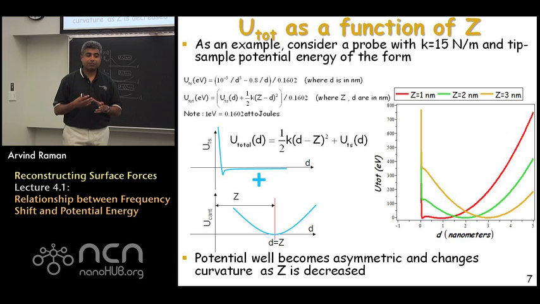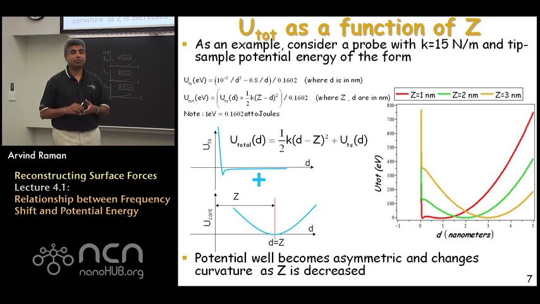What I want to highlight for you is that the potential energy of the cantilever depends on the location z, because the deflection of the spring is simply going to be z minus d. And so when you write down the total potential energy as a function of d, z does come in explicitly into the total energy expression.